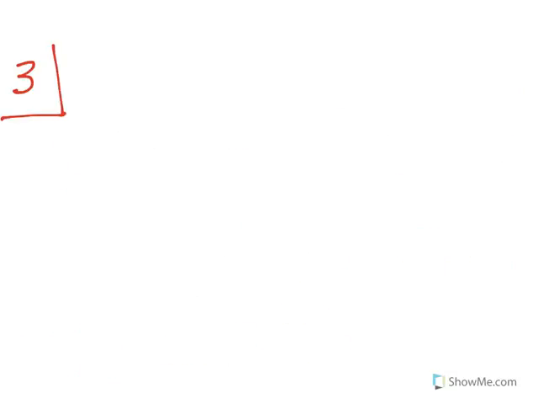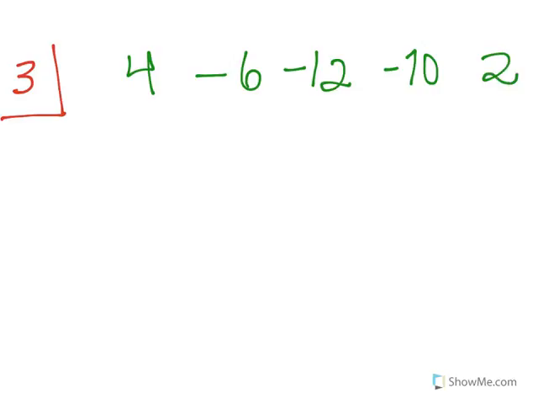So we have 4, negative 6, negative 12, negative 10, and 2. Now we will draw a line, leaving some space between the coefficients of the polynomial and the line.